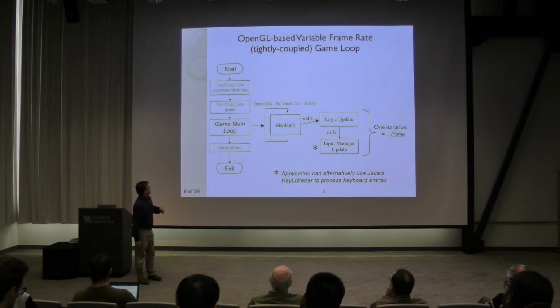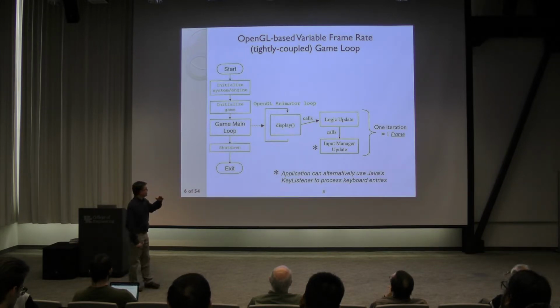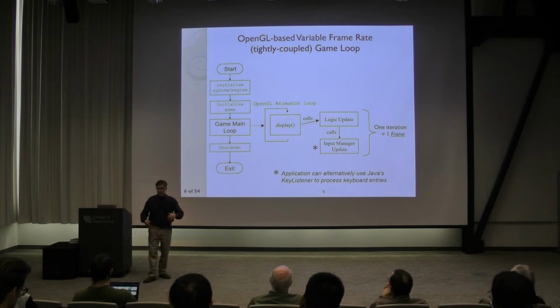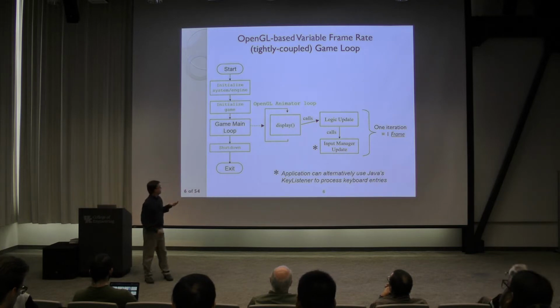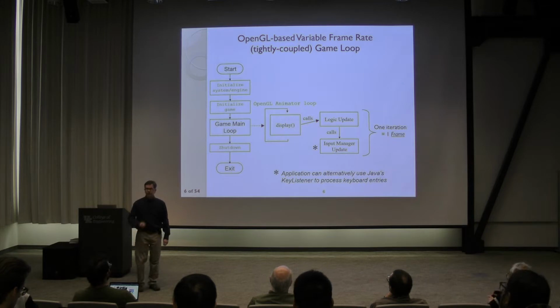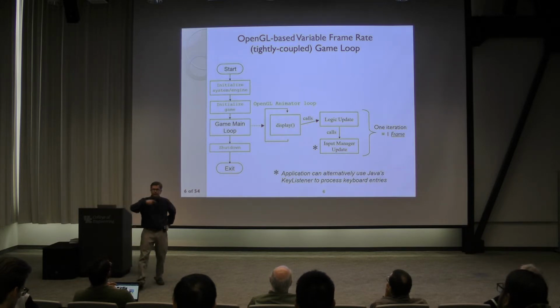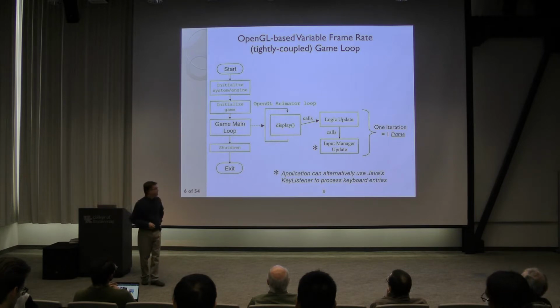Okay, so in the game engine that we're going to build here, that I built for my class, it's based on OpenGL. So OpenGL already has an animator loop built into it. It's actually called Animator in OpenGL, and it will render each frame as fast as it can.